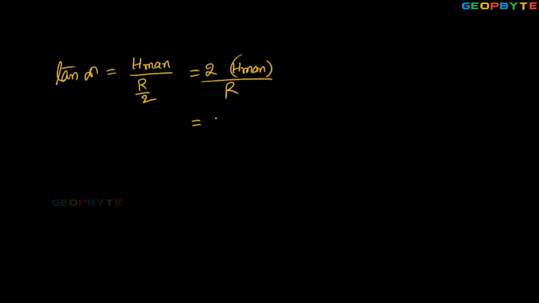Here you got tan alpha equals H max, the maximum height, divided by half of the range. This equals 2 into H max divided by range. What is the maximum height? U square sine square theta divided by 2g.